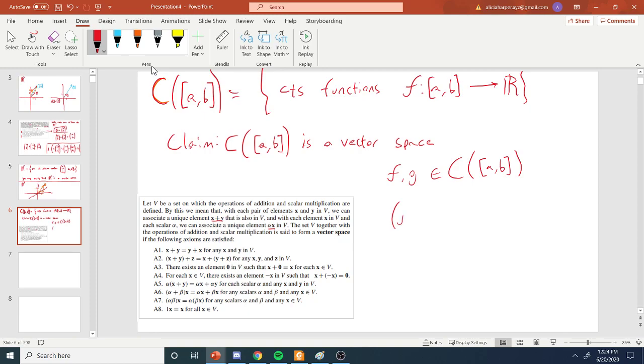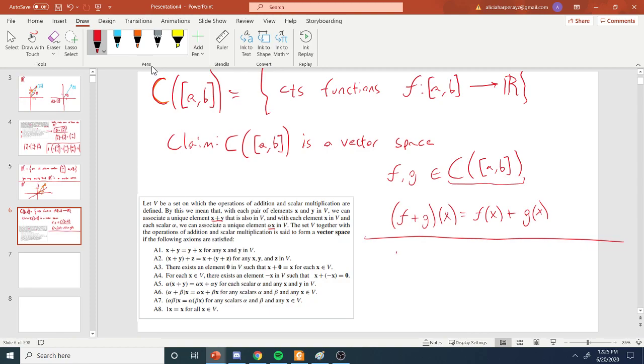Then we can define f plus g of x to be equal to f of x plus g of x. And as you'll recall from calculus, whenever you take the sum of two continuous functions, you get a continuous function. So this addition operation takes two inputs, and it produces another output that also lives in this set. So it's very easy to define addition.